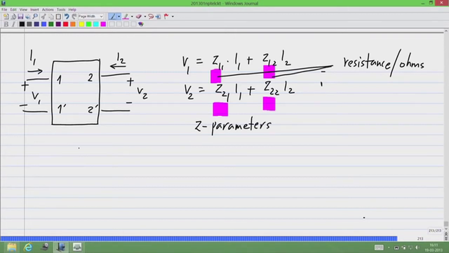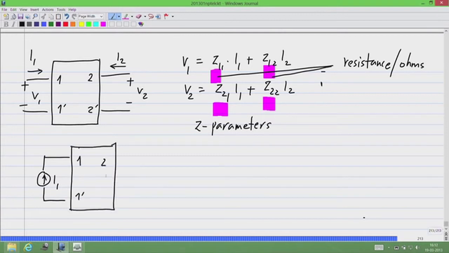Okay. Now, what this means is we think of a picture like this: I1, I2, that is current supplied to the two ports, and we are measuring the two voltages that appear as a result. Okay.